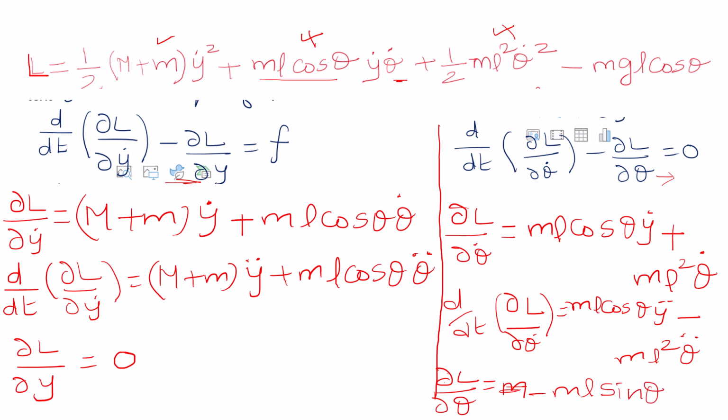The differential of cos is minus sin, and the others are constant, right? Minus ml sin theta y dot theta dot. Then differentiating the last term with respect to theta, you will be getting plus mgl sin theta, right? I'll just write it neatly in the next slide.